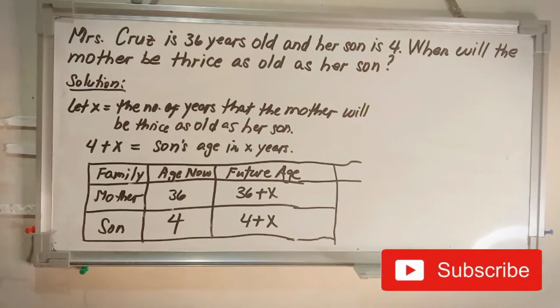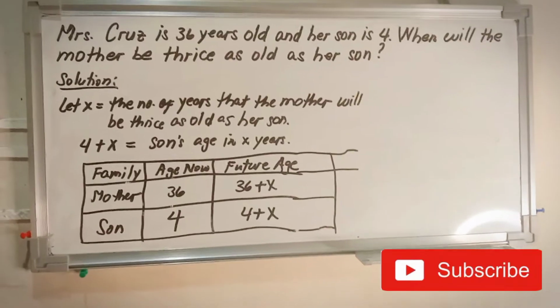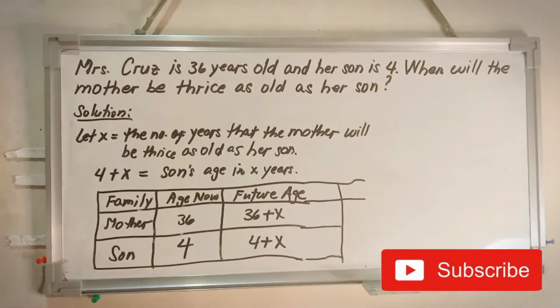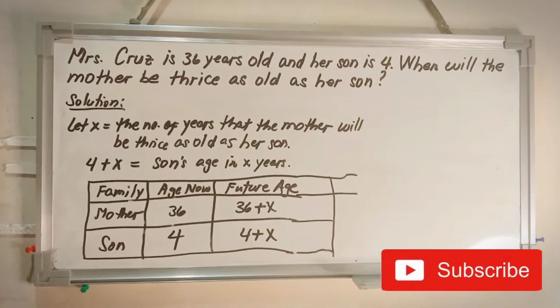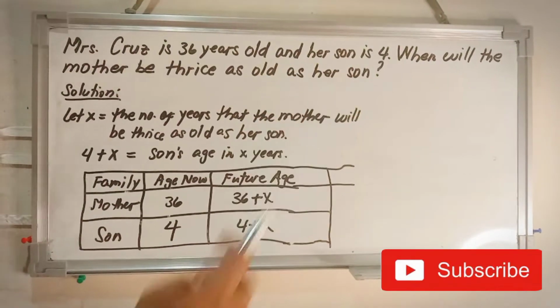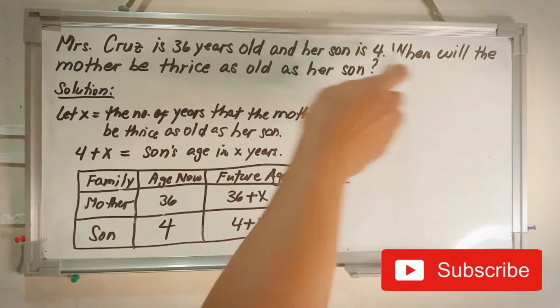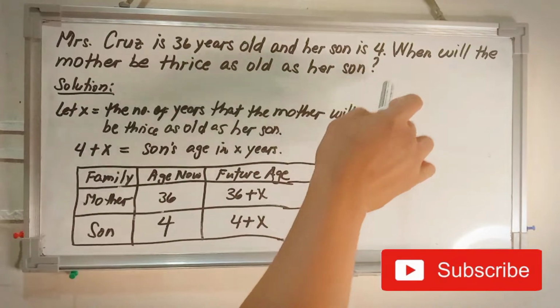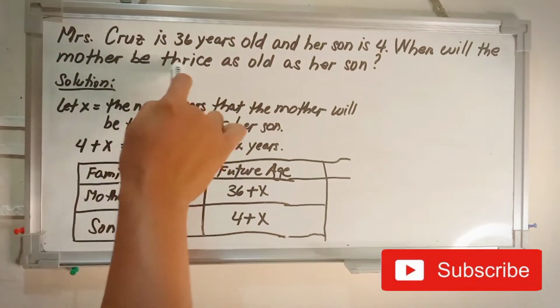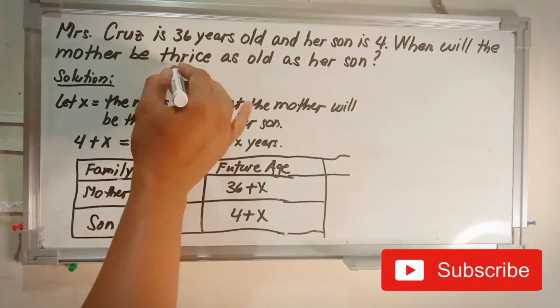It was stated in the problem that the future age of the mother is thrice the son's.